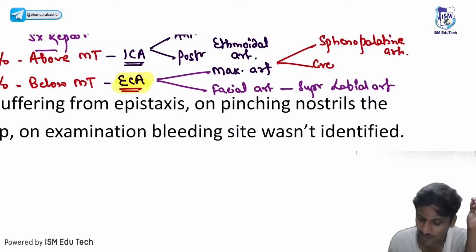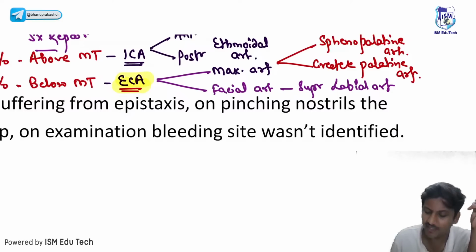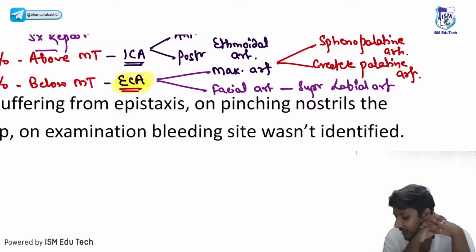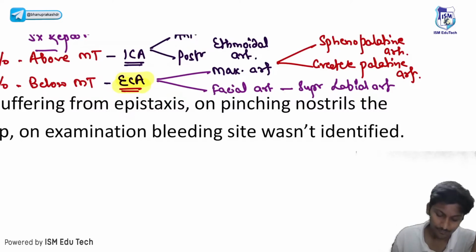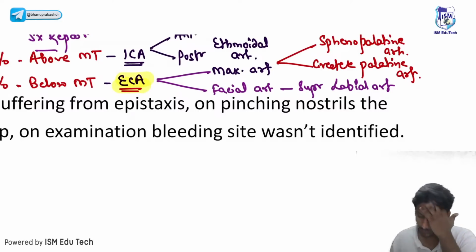Now please tell me which is considered the artery of epistaxis. That means which artery will have the highest chances of nosebleed out of all of these: anterior ethmoidal, posterior ethmoidal, sphenopalatine, greater palatine and superior labial? Which will have the highest chances of bleeding from the nose, or epistaxis?